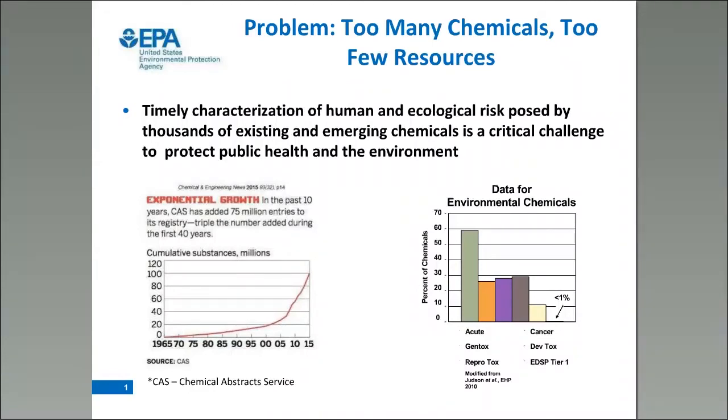And this is important information to have because not only does the compilation of the data on these environmental chemicals help inform risk assessments, but it also helps inform research and development. It shows us where the data gaps may be for specific chemicals or chemical classes.